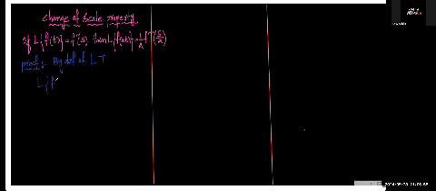Laplace of f of t is equal to integral 0 to infinity e power minus st f of t dt. This is taken as equation number 1. Okay, so where is the change?